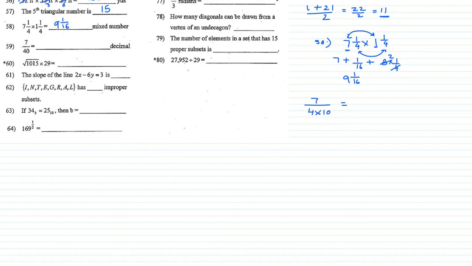So 7 divided by 4 is nothing but 1.75, and that divided by 10 will give us 0.175, because if you divide 7 by 4, 4 times 1 is 4, and then remainder is 3. 4 times 7 is 28, remainder is 2, and 4 times 5 is 20. So it's 1.75, and then we divide further by 10, and we get 0.175.